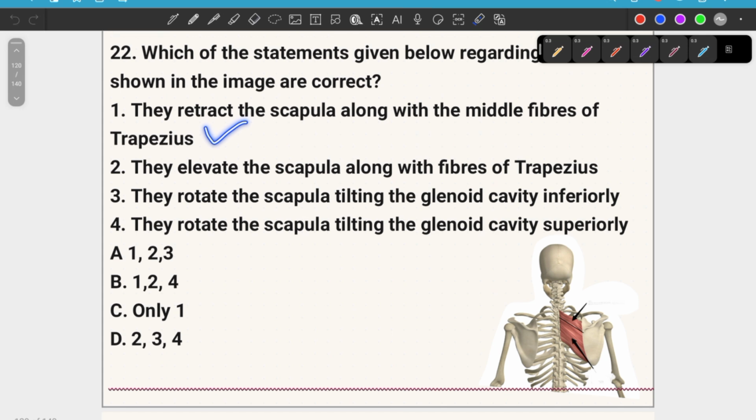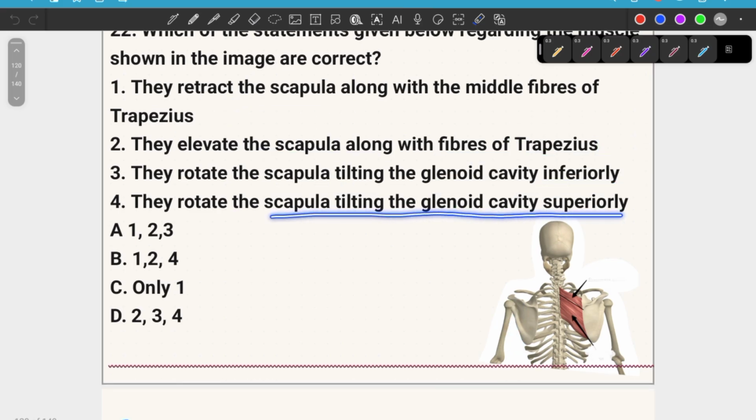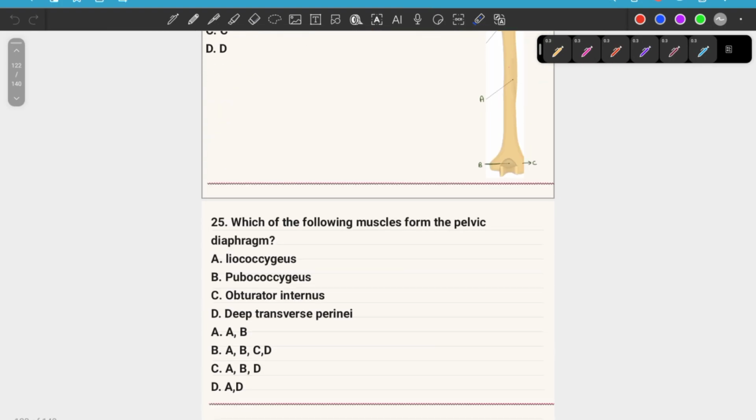Yes. They elevate the scapula along with fibers of trapezius. Yes. They rotate the scapula, tilting the glenoid cavity inferiorly. Yes. They rotate the scapula, tilting the glenoid cavity superiorly. No, this is wrong. Let's see.